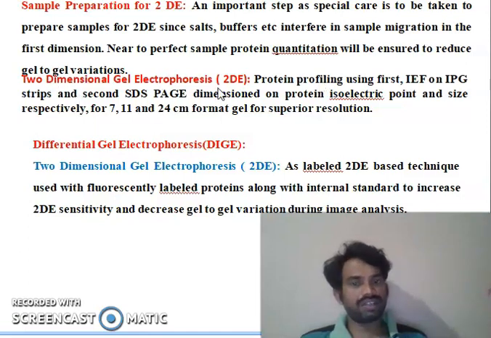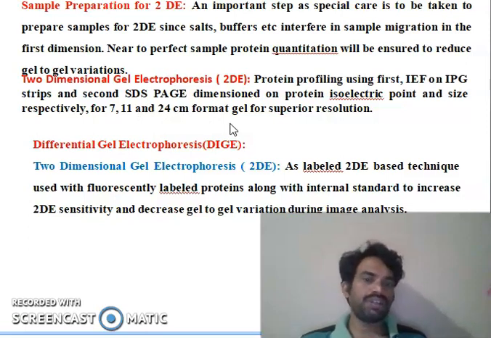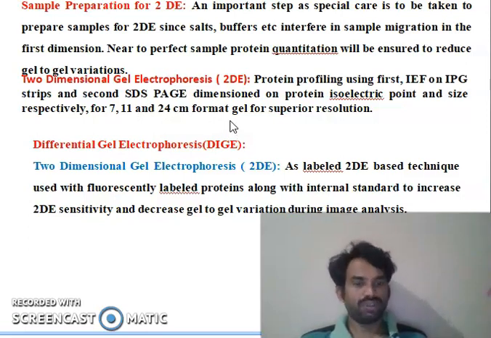Two-dimensional gel electrophoresis, 2D protein profiling, uses first IEF on IPG strips, then the second SDS-PAGE dimension, separating proteins by isoelectric point and size respectively, from 7, 11 and 24 centimeter format of the gel for superior resolution.